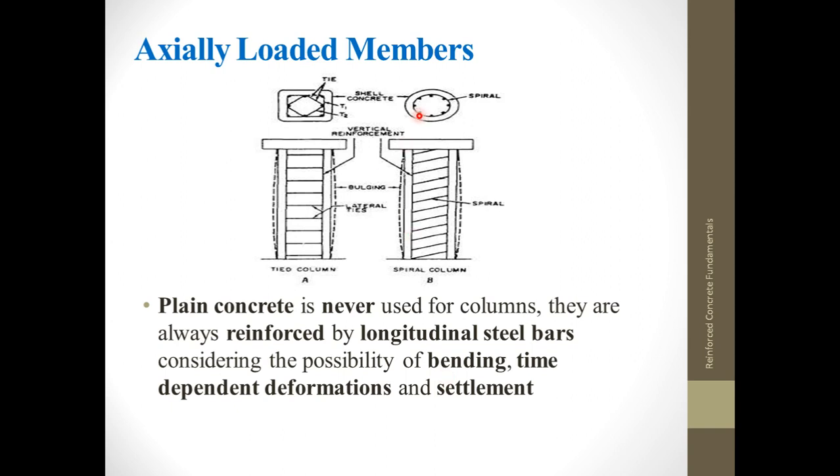You can see this longitudinal reinforcement as I show them with the red dot here. Those longitudinal bars are used to avoid bending and settlement of the reinforced concrete members, and of course to decrease the time-dependent deformations in our structure.